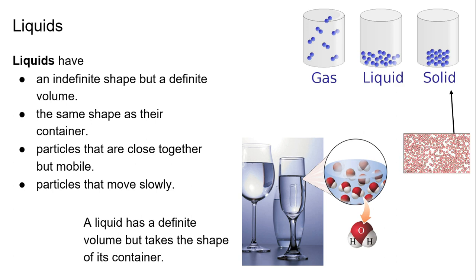Liquid takes the shape of whatever container it is, but it definitely has volume to it. The volume doesn't go away as you pour it into another container. It will stay with the volume. It won't disappear. These particles are close together, but they are still able to move around. So that's where you get the fluidity, the flexibility with liquid that you don't have with a solid.